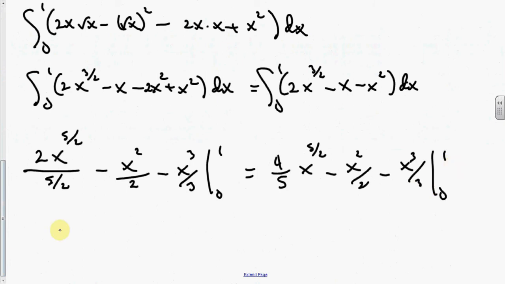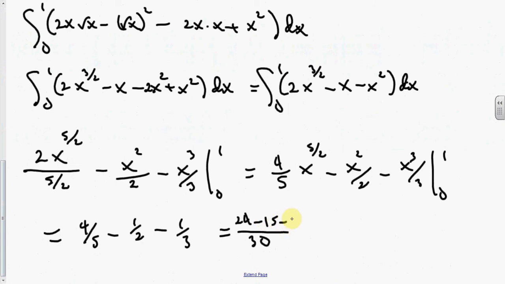Evaluate that from 0 to 1. Let's see, that gives us 4/5 minus 1/2 minus 1/3. We use 30 for our least common denominator. 5 goes in 30 6 times, 6 times 4 is 24. 2 goes in 30 15 times, 1 times 15 is minus 15 minus 10. So this is negative 1 over 30.